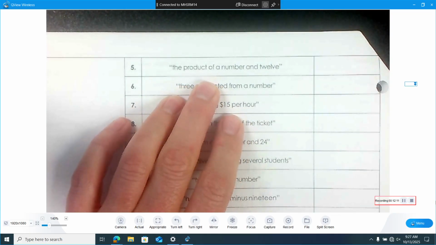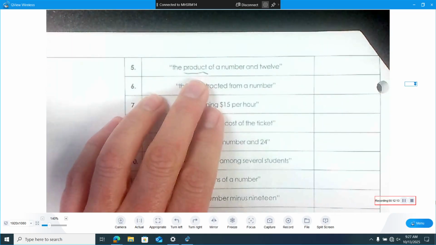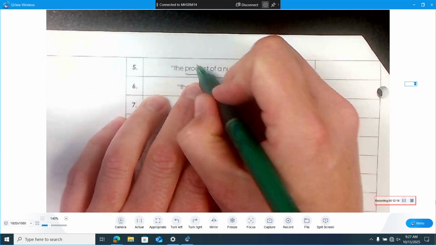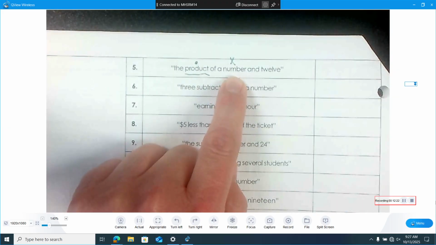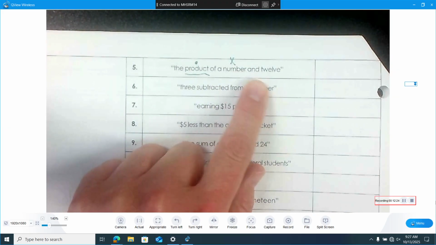All right, the product. What does product mean? Multiplication. The product of a number. Let's stop being creative. Let's just be boring and use an x. The product of a number and 12. What should we write?